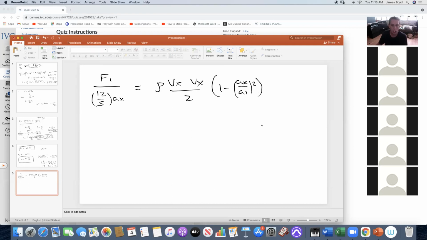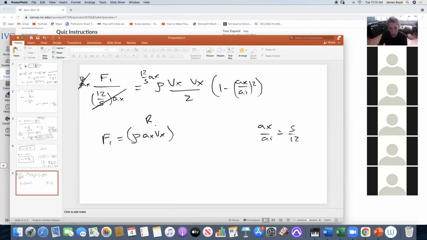And that AX over AI is 5/12. So if I multiply through by AX on both sides, and multiply through by 12/5 on both sides, this goes away, and I get F1 is rho AX VX.